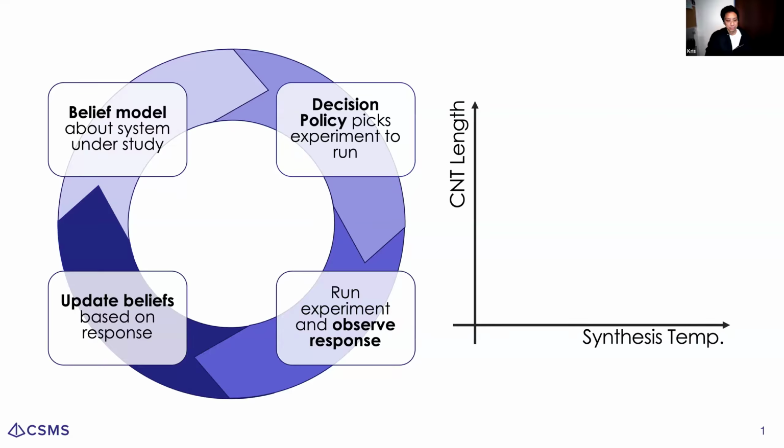You're trying to find what's my best synthesis recipe that maximizes, in this case, the yield or the length of the carbon nanotubes we're trying to grow. And we could approach this problem in lots of different ways. One of the more popular ways to do this in the SDL space is this notion of Bayesian optimization.